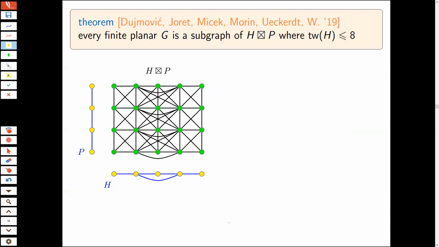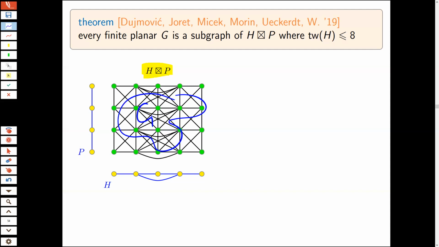Now, it does take a while to digest this theorem. So you give me your favorite finite planar graph, then I can construct a graph H with tree-width at most 8, and I take a long enough path, and I consider this strong product, which is shown here, and magically, somewhere in here is the graph G as a subgraph.